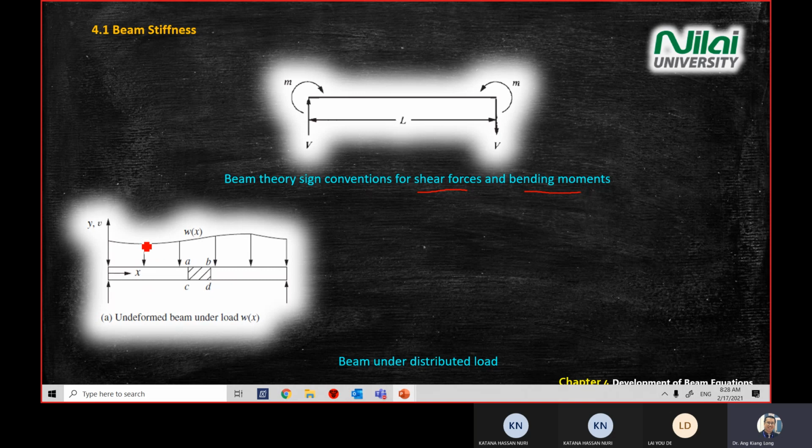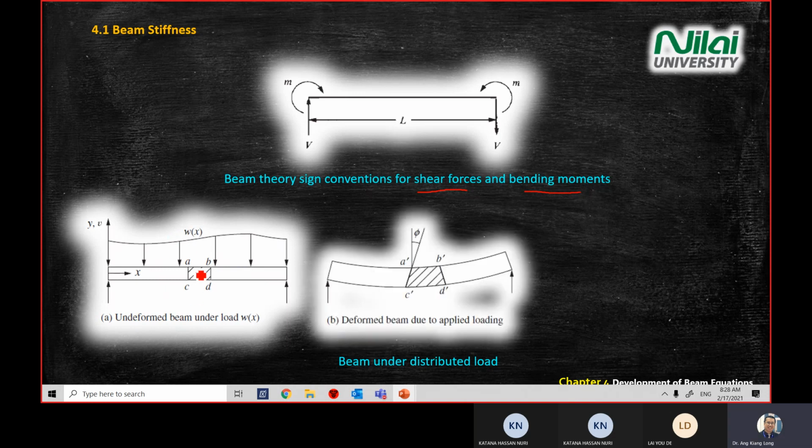And then there's an additional loading on top of the structure here. So for diagram A here, we are looking at the undeformed beam, where no deformation has happened yet under the distributed load.